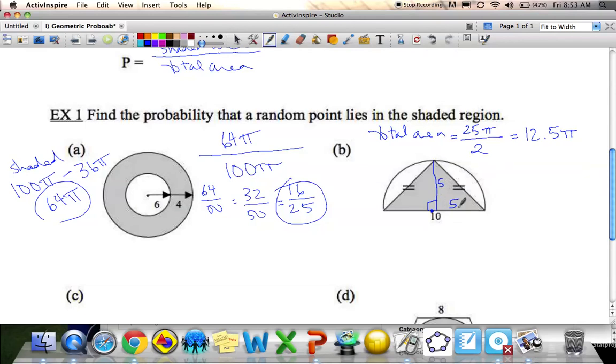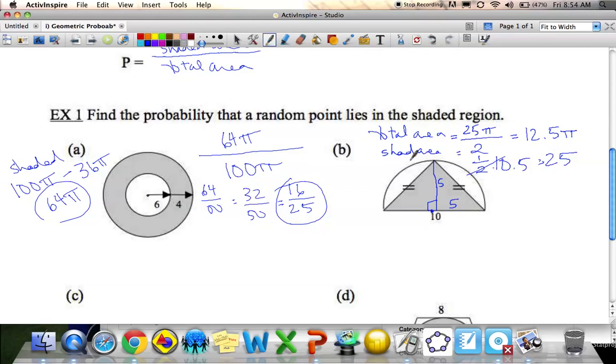Because this touches the circle. So the area of the shaded triangle is 1/2 base times height. The base is 10 and the height is 5. So we get 25 for the shaded area.